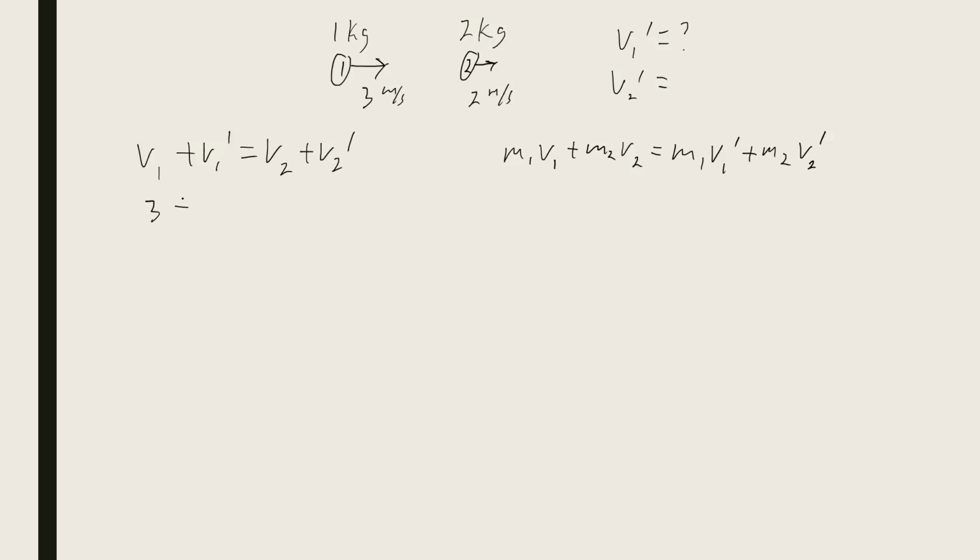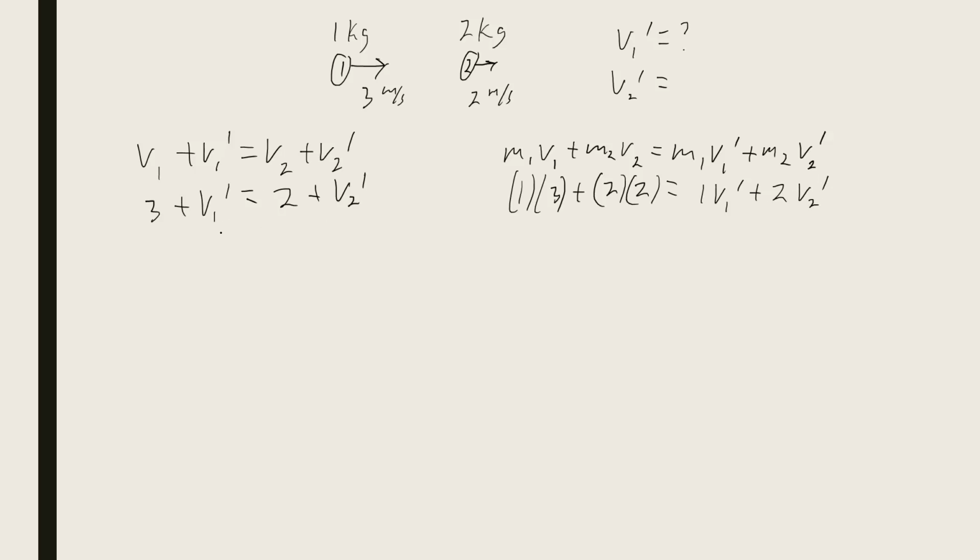We've got a 3 plus v1 prime and a 2 plus v2 prime, and we'll stop there for now. We can't cancel out the masses because we have different masses, so we're going to go ahead and plug in the masses that we know. So we're going to have 1 times 3 here plus 2 times 2 equals 1 times v1 prime plus 2 times v2 prime.